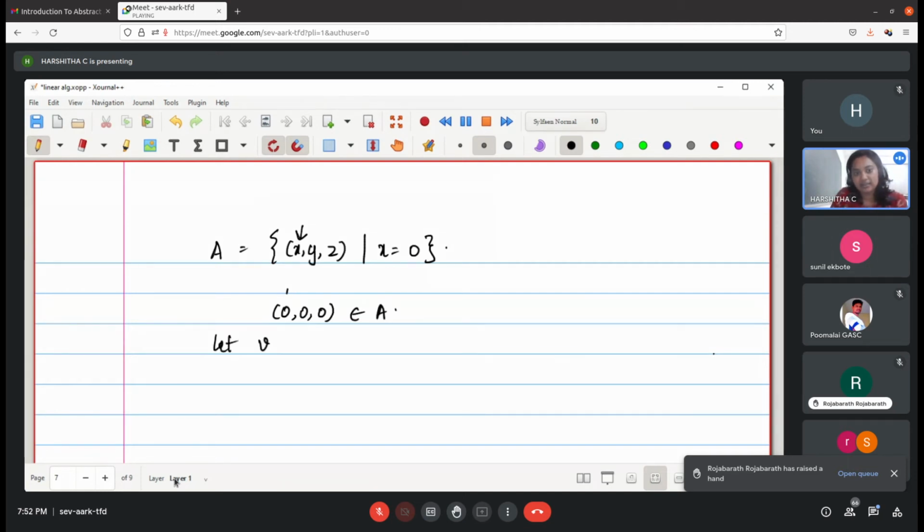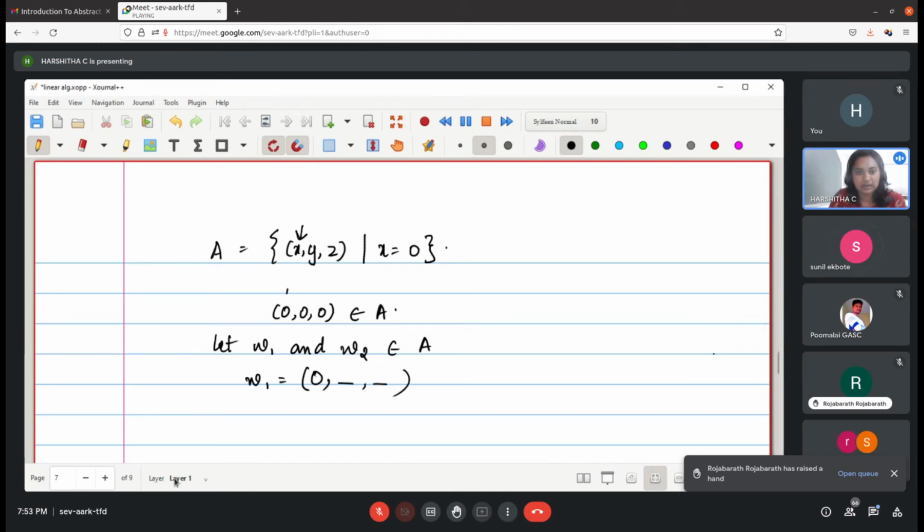Now let us take W1 and W2 in A. So how will W1 look like? You know that the first coordinate is 0 and then you'll have something and something.